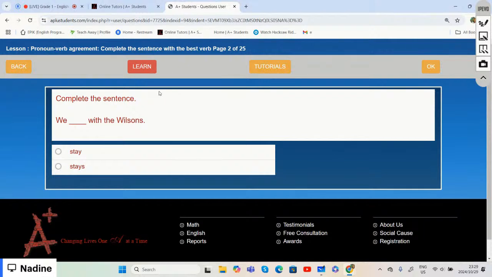Now the next one. More than one person again doing something. Do we say we stay with the Wilsons, option one, or do we say we stays with the Wilsons, option two? Which one is correct?